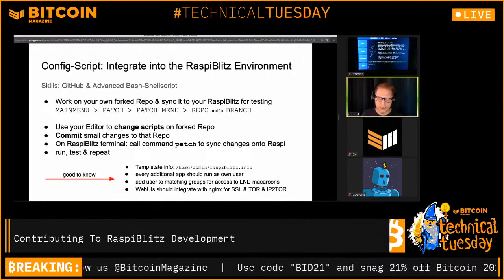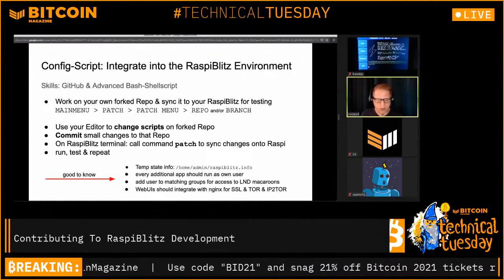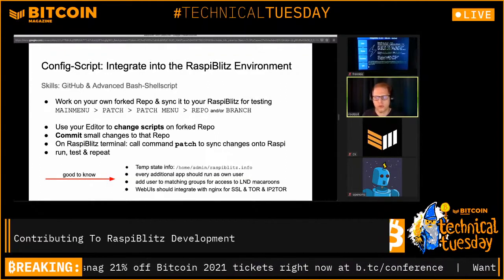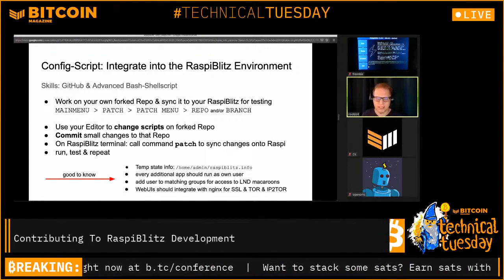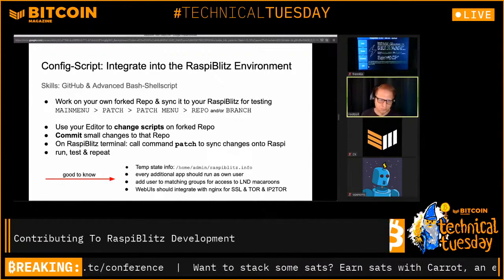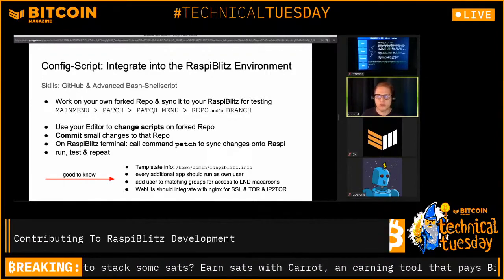What's important, and just to quickly let you know, is how you start getting into the mode where you link your forked repo with your RaspiBlitz. You try stuff out and run tests directly on your RaspiBlitz, and you maybe do the development in your environment on your laptop, right?